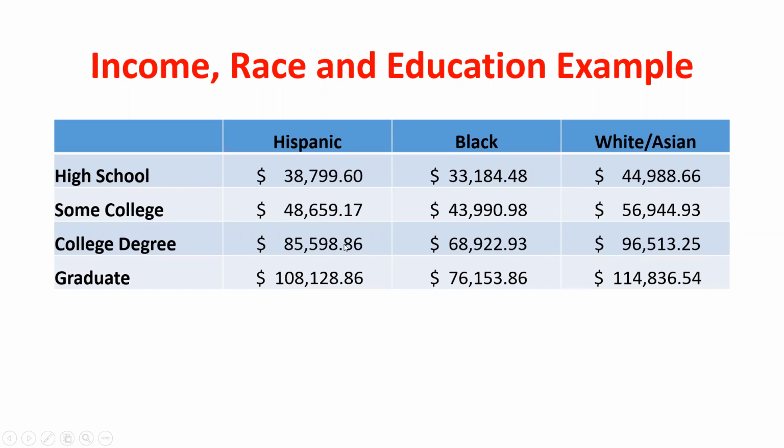As I look at higher levels, it looks like there is some variation across there too. But if I look at here, 38 to 44,000, that's not nearly as much variation as I see if I hold constant race and look at how income varies across education level attainment: 38 to 108,000, right? So just looking at this data, there's a lot of variation if I hold constant race and look across educational attainment. And that exists in each one of these racial groups. Not quite as much variation, but there still is some if I hold constant education and look across races here.